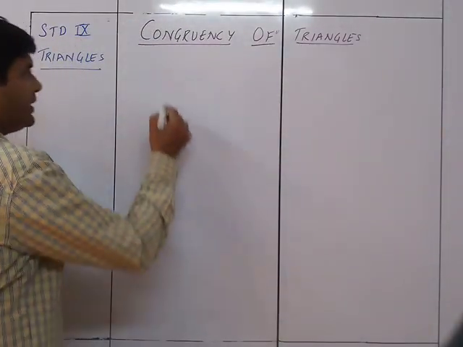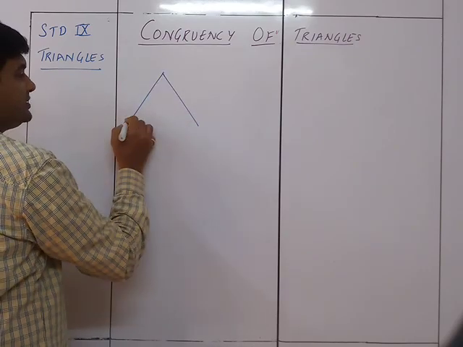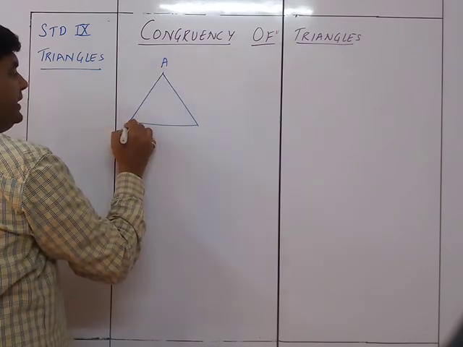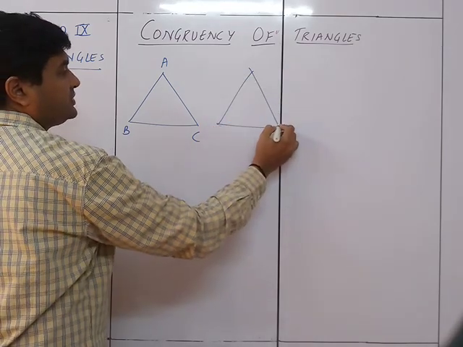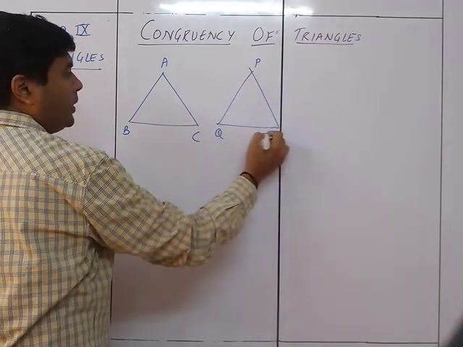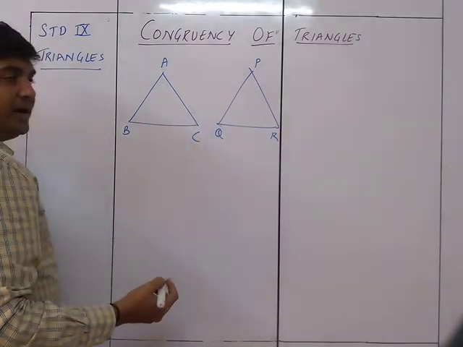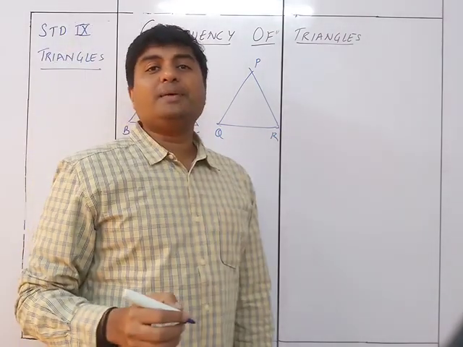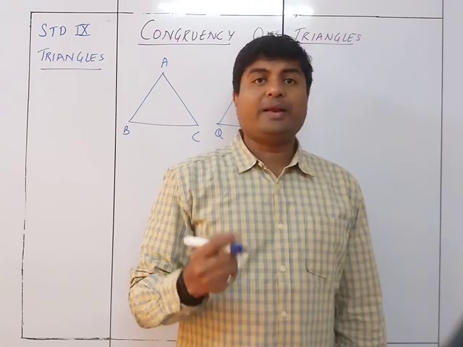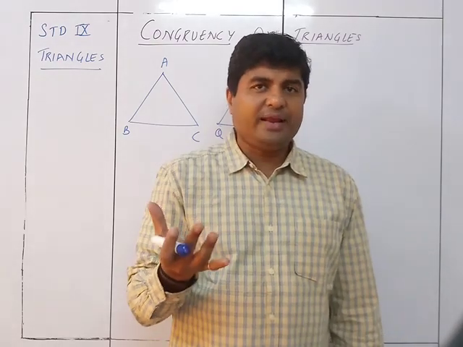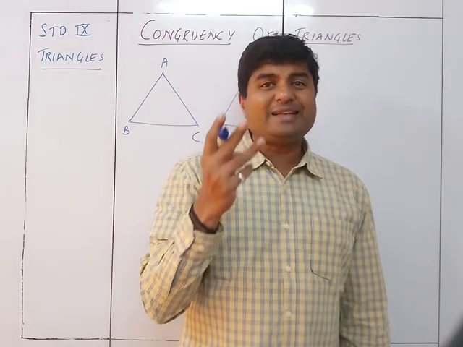So if I have a triangle over here, this is A, B, C, and another triangle over here which is P, Q, R. If I see that all the different parts of the triangle are equal, what are the different parts of the triangle? Of course, we don't need to take vertices. So we have three sides and three angles.